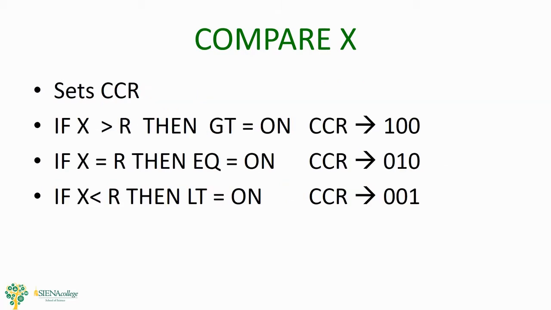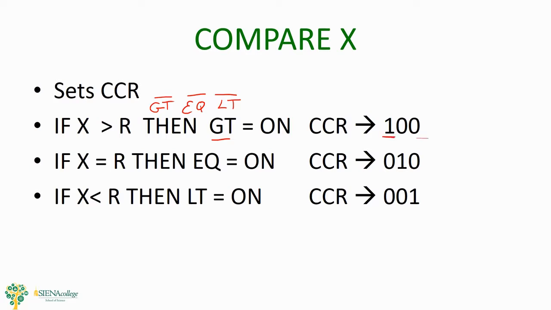The comparison register has 3 bits. The first bit represents greater than, the middle bit represents equal to, and the last bit represents less than. At any one time, only one of these bits can be turned on. If the result of comparison is greater than, we have a 100.